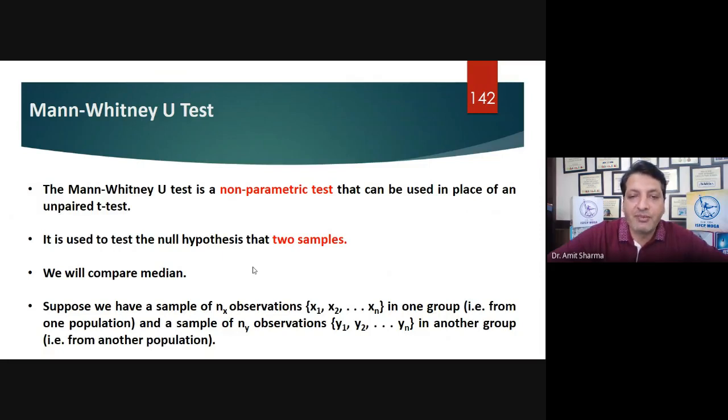For example, we have taken two samples, two different units of the hospital: one is medical and the second one is surgical. So x will be taken as surgical and y will be taken as medical, or vice versa. Like this we have to proceed.